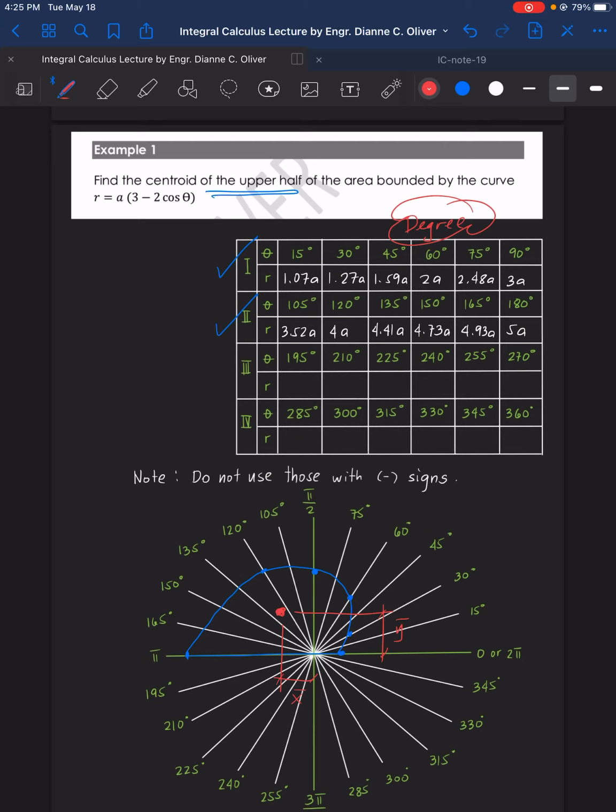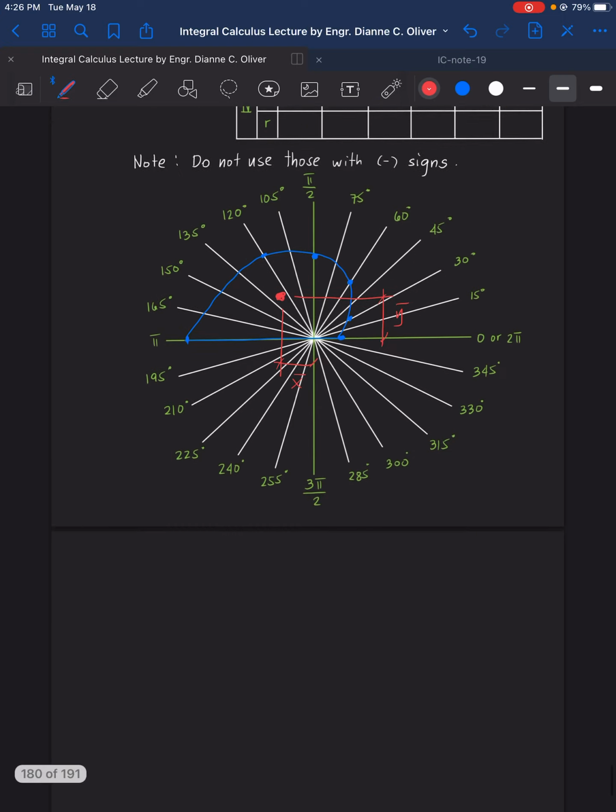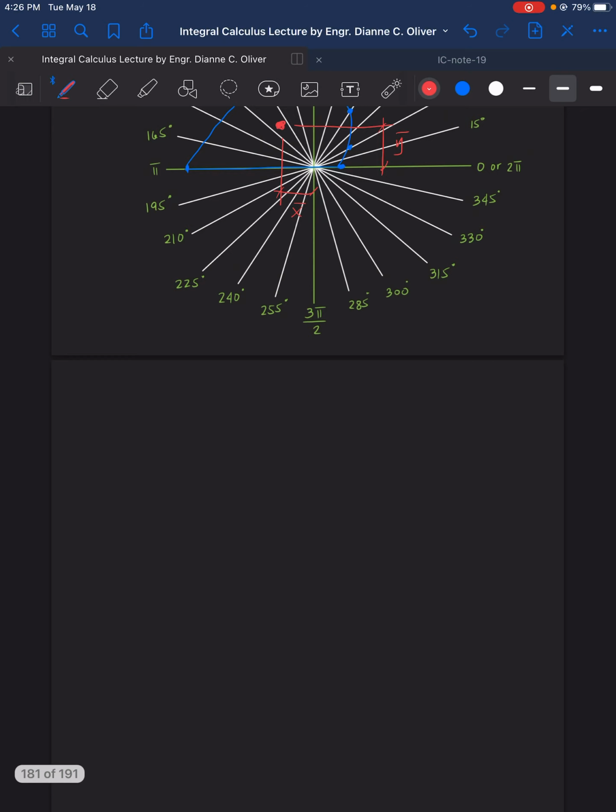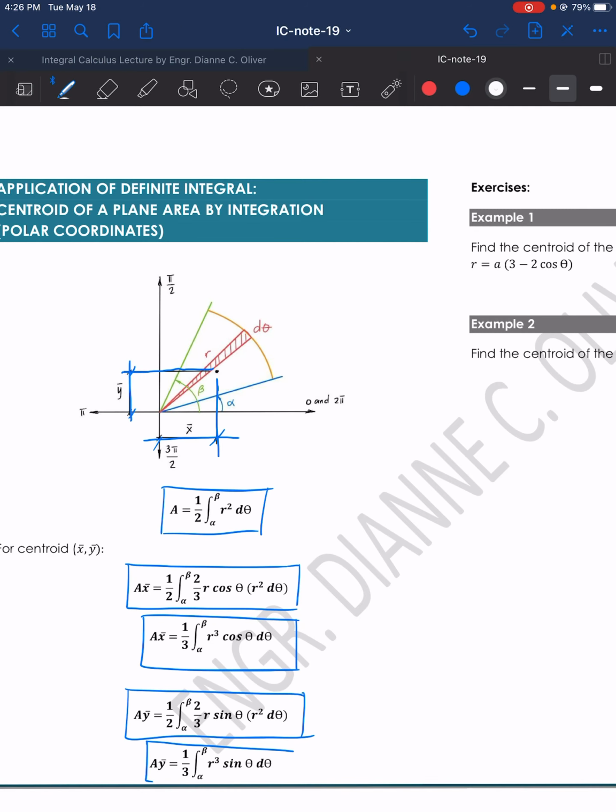Looking at this, we are expecting that the value of x bar is negative and the value of y bar is positive. Okay? So the first step is to find the area.